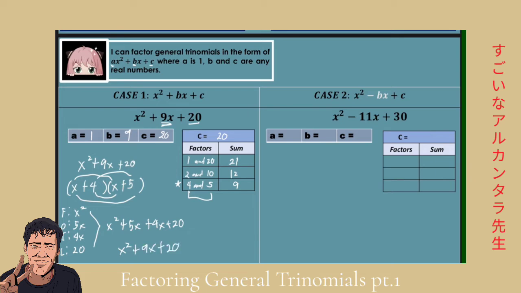The reason why I showed the FOIL method here is for you to understand that in some references, they use the term that factoring general trinomials is basically undoing FOIL, or the FOIL method backwards.